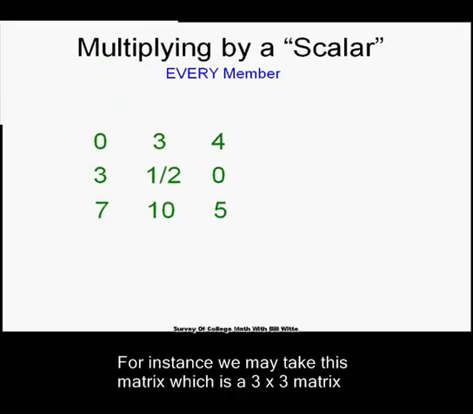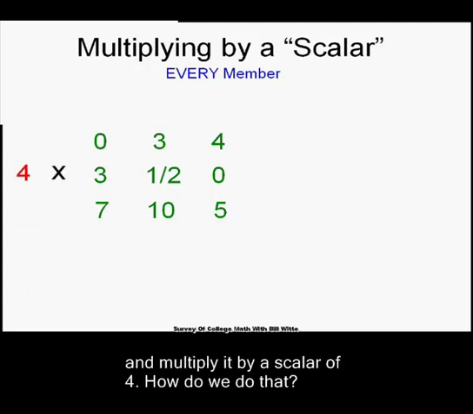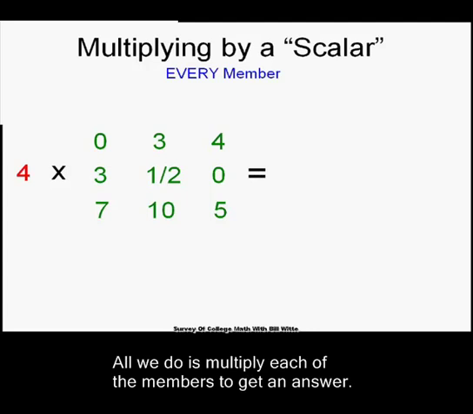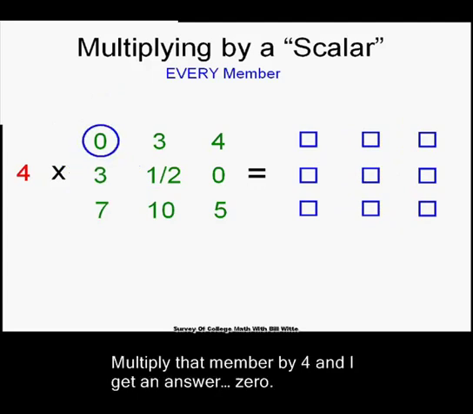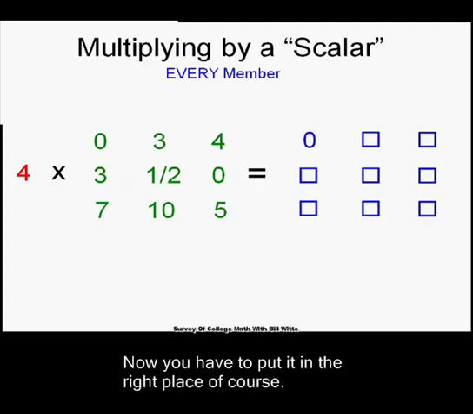For instance, we may take this matrix, which is a 3 by 3 matrix, and multiply it by the scalar 4. Well, how do we do that? All we do is multiply each of the members to get an answer. I multiply that member by 4, and I get an answer. 4 times 0 is 0.